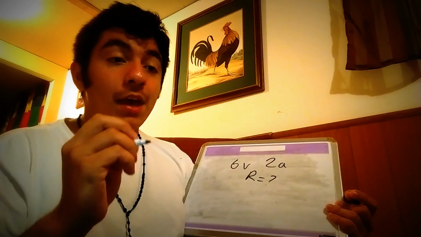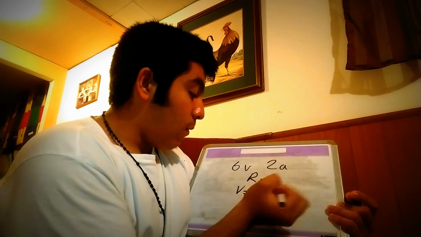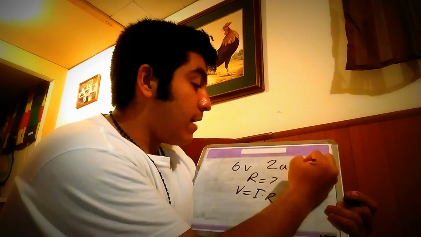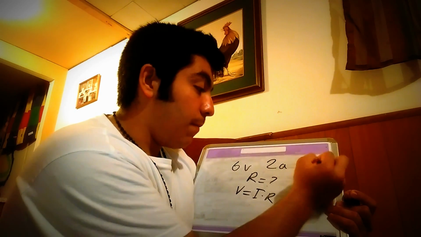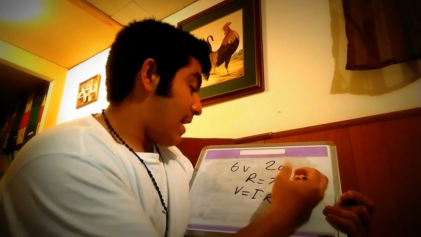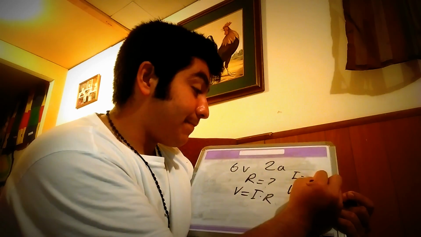So according to the equation, it is V equals I times R, where I equals 2 A in this case, and V equals 6 volts.